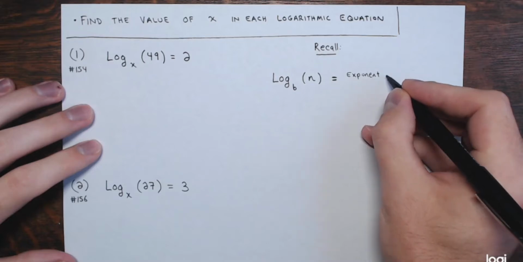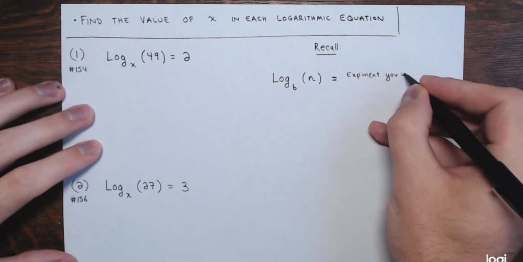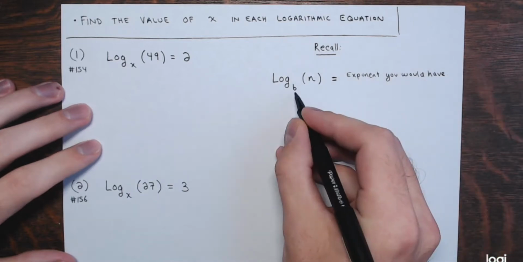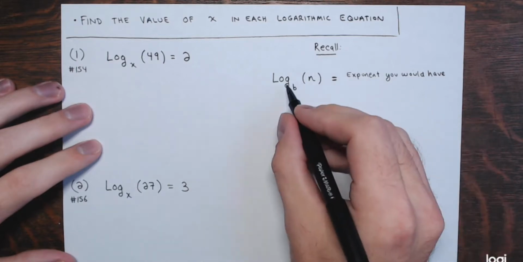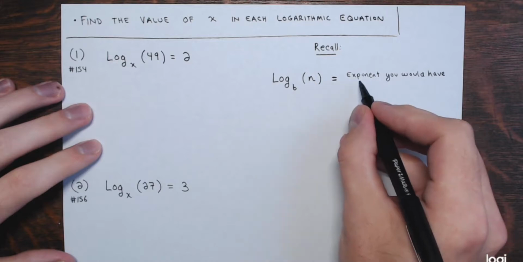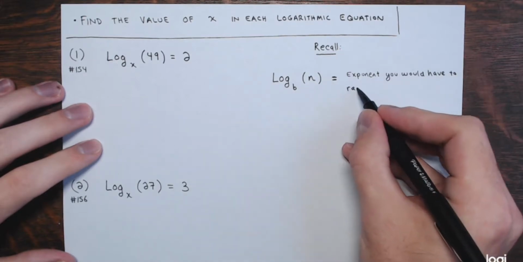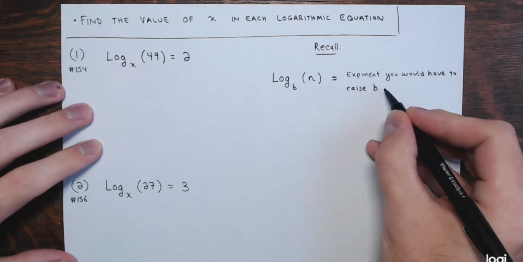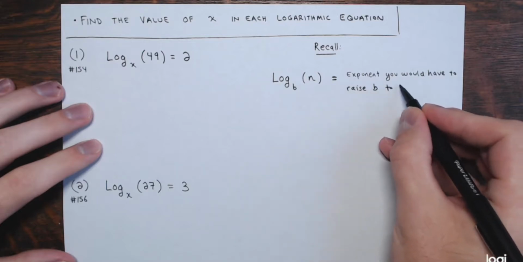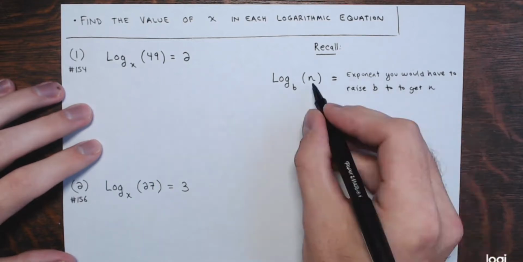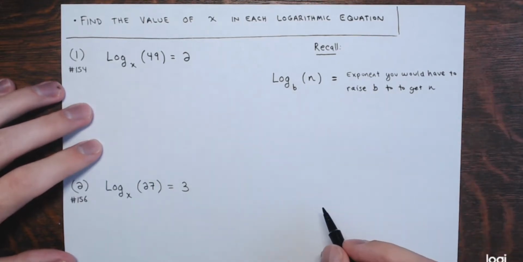It's equal to the exponent you would have to raise the base to. This was called the base of the logarithm, this little number under the log, the subscript. The log base b of n is equal to the exponent you would have to raise b to in order to get n, the number inside the logarithm.